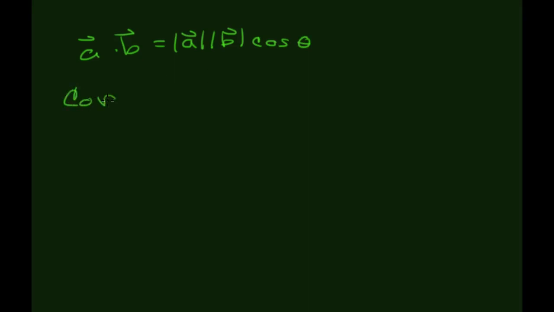Probably the more useful corollary to this is that if I rewrite this, I get that cosine of theta is vector A dot vector B divided by magnitude of A times magnitude of B. Why is this relevant?